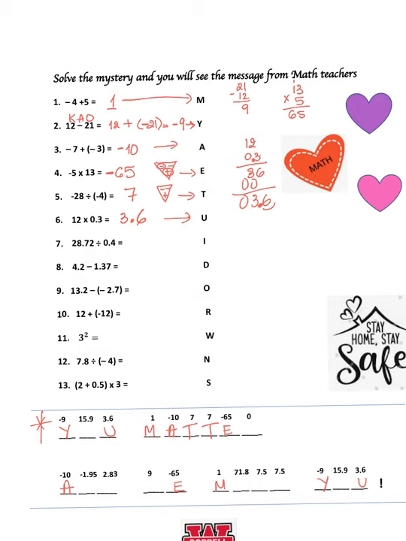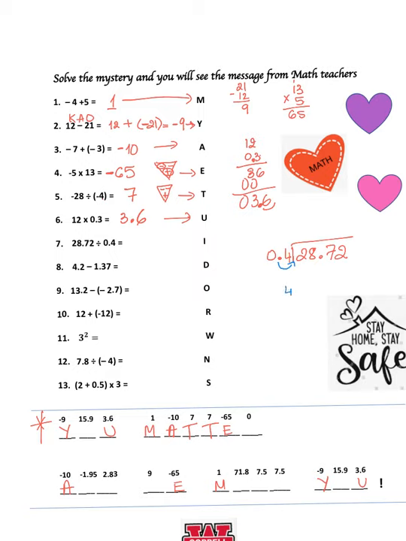Number 7, 28.72 divide 0.4. All right, to divide a decimal, we're going to move the divisor until we have a whole number, which is 4.